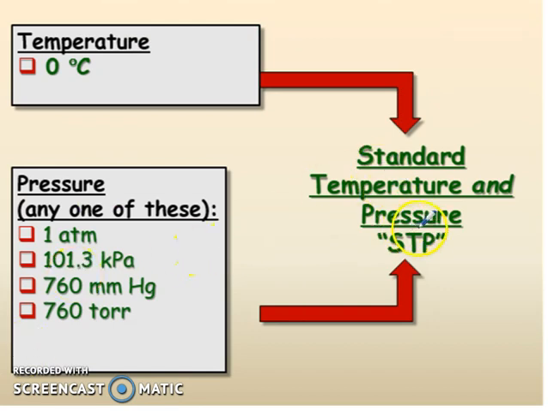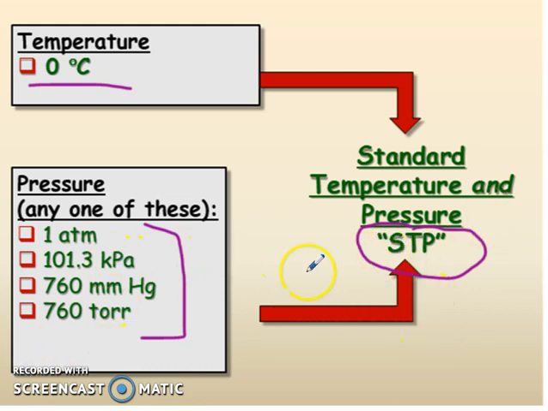So when we say STP, or we say the following reaction is occurring at STP, what that means is it's happening at 0 degrees Celsius and at one of these units of pressure. You also have this STP written on your data sheet.